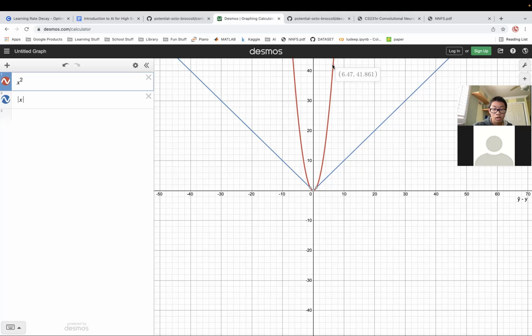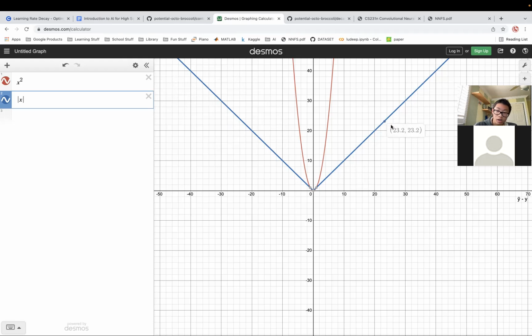So you learn faster in the beginning stages, and that's what we want. But for MAE, the slope is always 1 or -1, so it doesn't really penalize the model for predictions that are way off. That's not what we want.